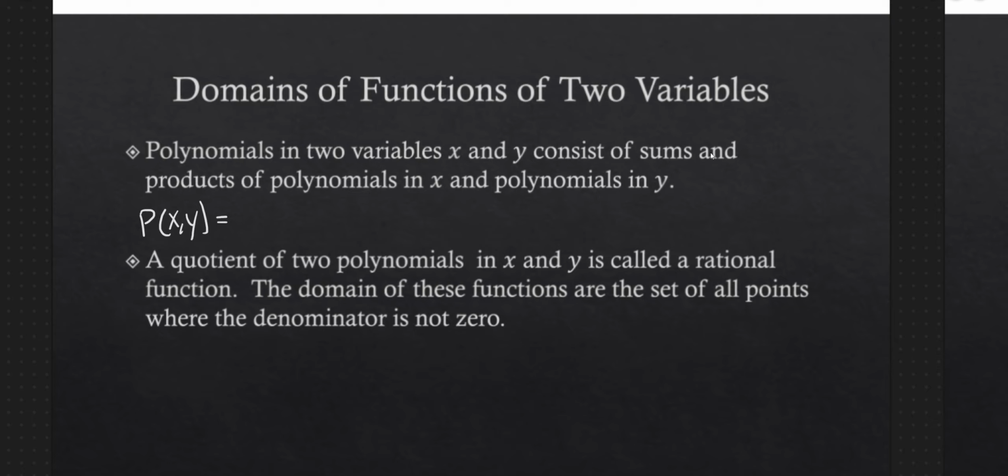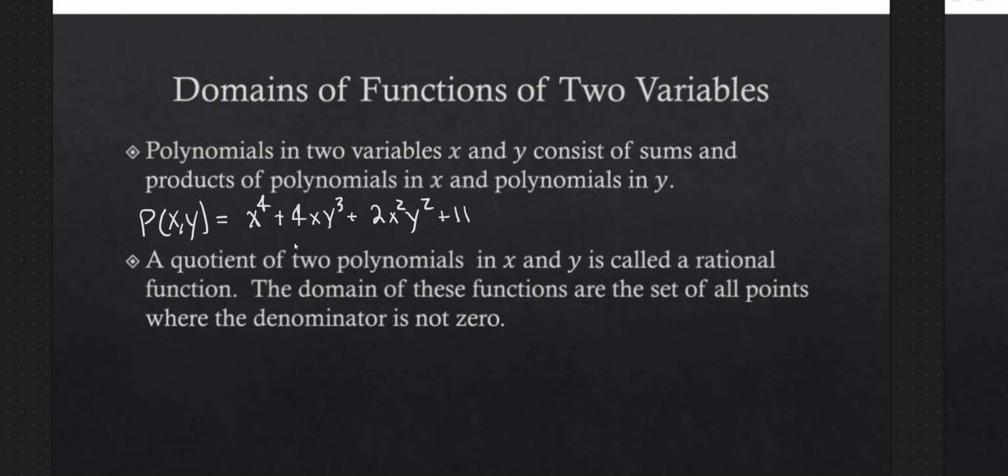We could have sums and products of polynomials in either x or in y. So something like x to the fourth plus 4xy cubed plus 2x squared y squared maybe plus 11. Something like this would be a polynomial in two variables, right? We allow products of the two variables and then sums of powers of those things.